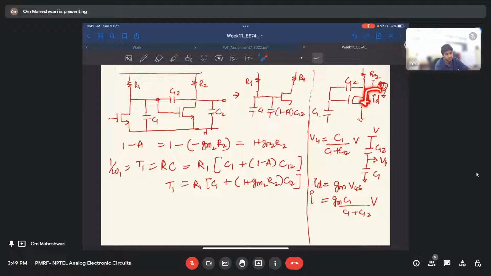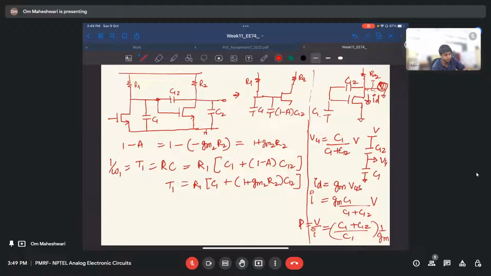So most of the current will flow through this branch only. So V by I is C1 plus C12 by C1 times 1 by GM.